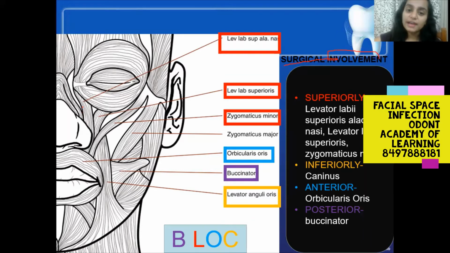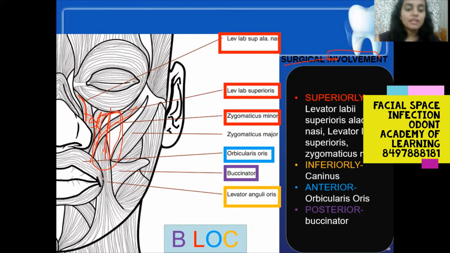Okay, so for canine space, superiorly, we have the levator labii superioris alaeque nasi, or levator labii superioris, as well as the zygomaticus minor muscle. So these three muscles form the superior border of the canine space infection, which is basically localized to this area.